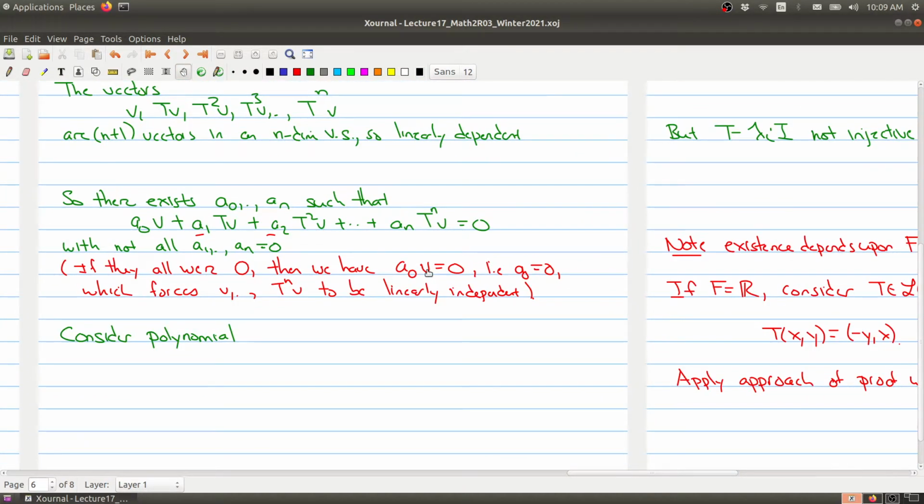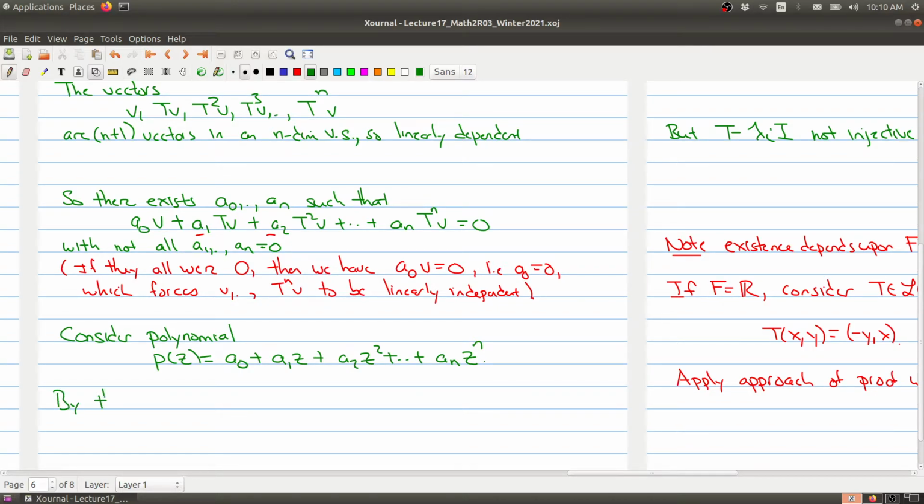Okay, well now what we're going to do is use those exact same numbers and build ourselves a polynomial. So we're going to build the polynomial p(z) using those numbers: a0 plus a1 z plus a2 z squared up to an times z^n. And here's where we're using the fact that we have the complex numbers, right?